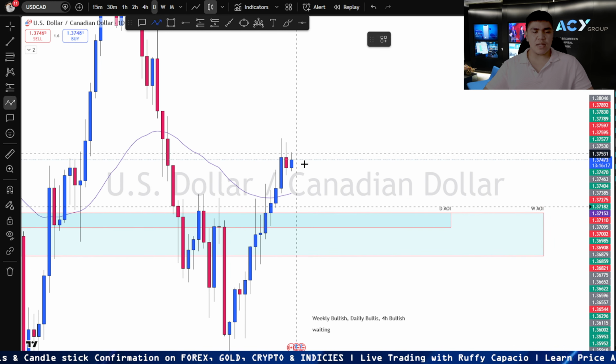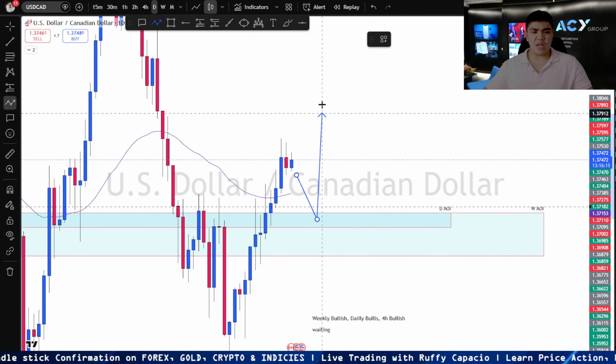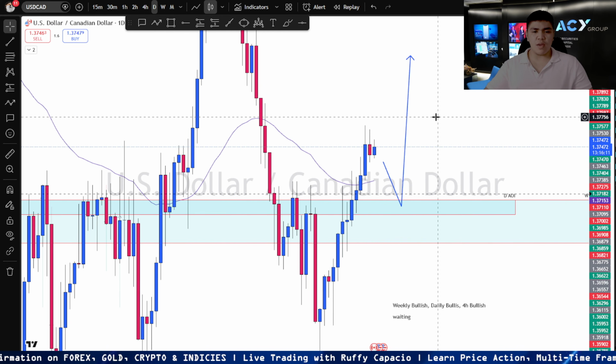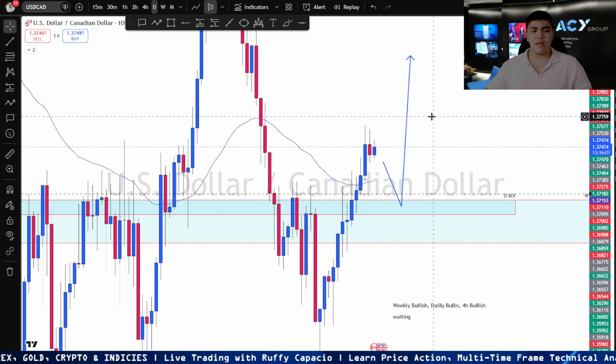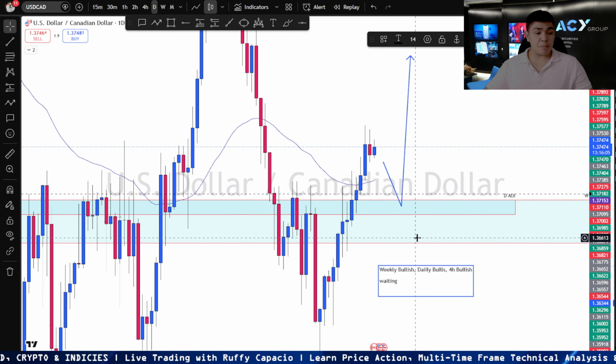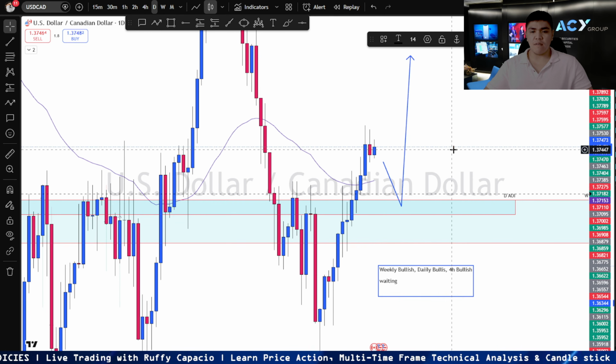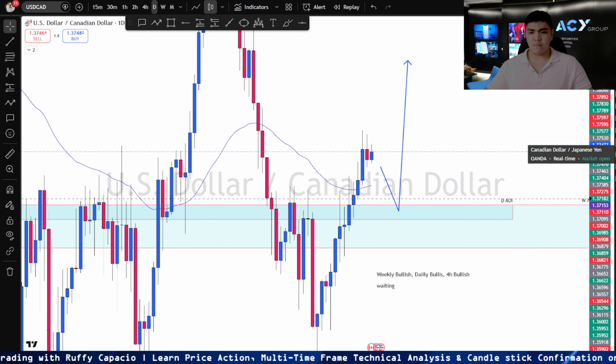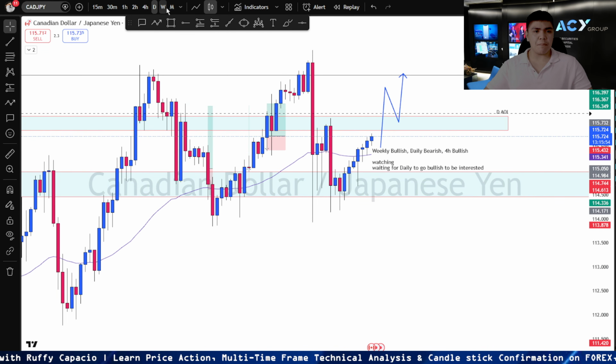That is why we should be patient on catching this trade. We will not force, we will wait for it to approach the exact level that we are anticipating to enter our opportunities. So price is still above, so no trades will be forced. Next, CAD JPY.